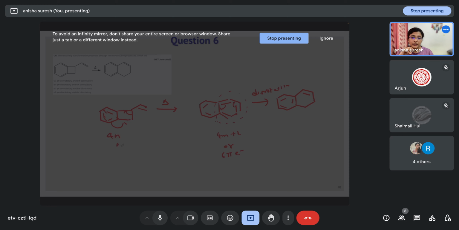So first case will be 4n delta conrotation, and the second case will be 4n plus 2 delta disrotation. Clear? Option C will be the right answer.